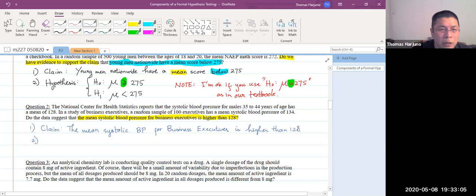So then the hypotheses will be the null hypothesis and the alternate hypothesis, about mu, the mean. Higher than 128 is without the equal sign, so the alternative is mu greater than 128, and the null here is mu less than or equal to 128.